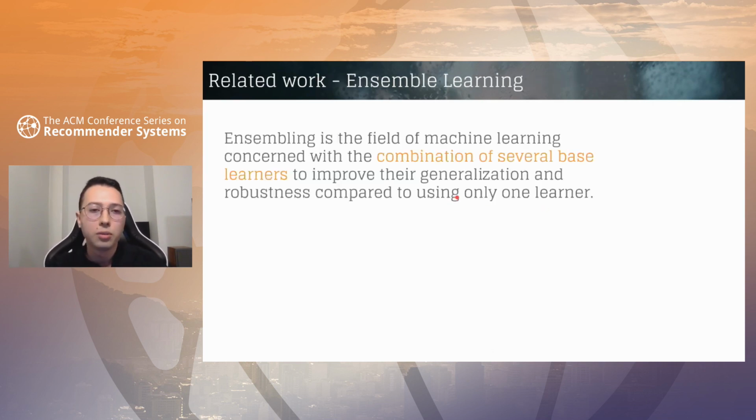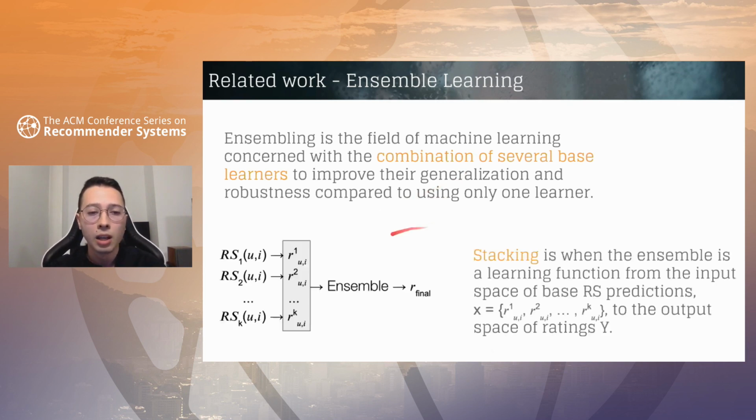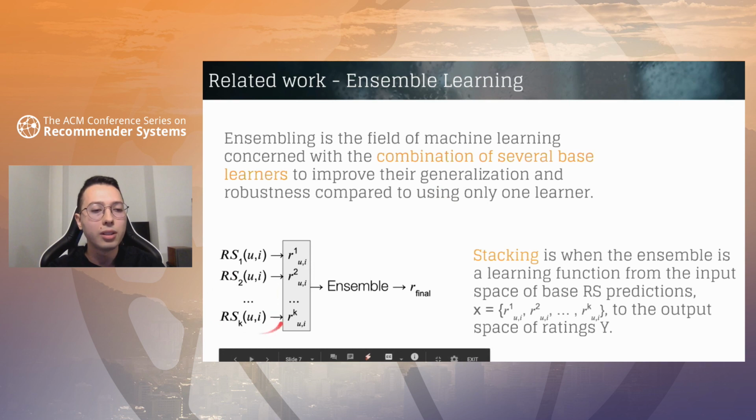Moving on to ensemble learning, it's basically a field of machine learning where we try to combine several base learners, and we do so to improve the effectiveness as well. We want to have better generalization compared to using only one learner. A specific type of ensemble that is important to our work is called stacking. In stacking, if we are talking about recommender systems, we will have several base recommender systems.